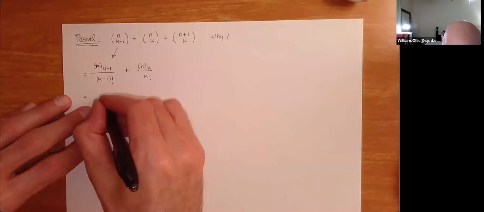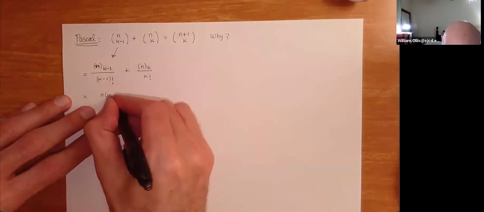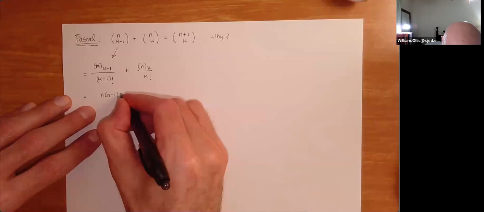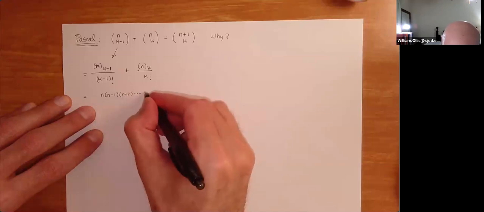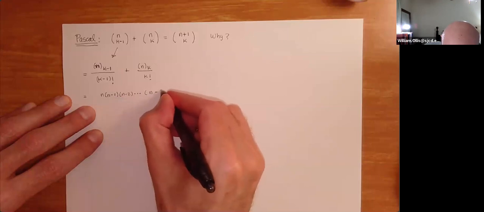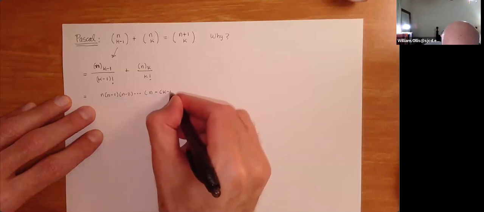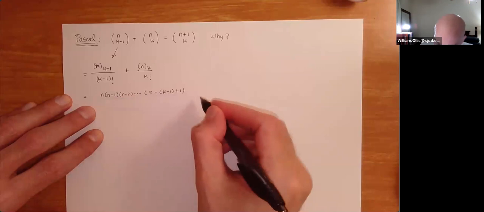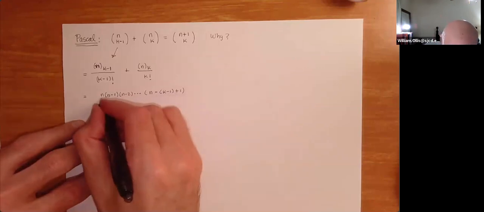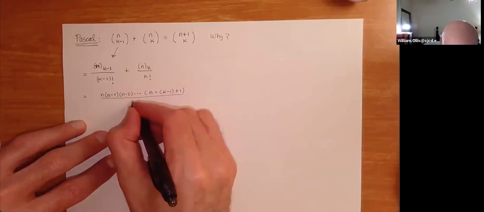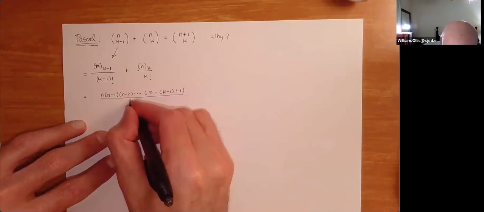Now let's write it down. n minus 1, n minus 2, then we descend to n minus k minus 1 plus 1. That's just replacing the k with k minus 1 in our definition, divided by k minus 1 factorial.